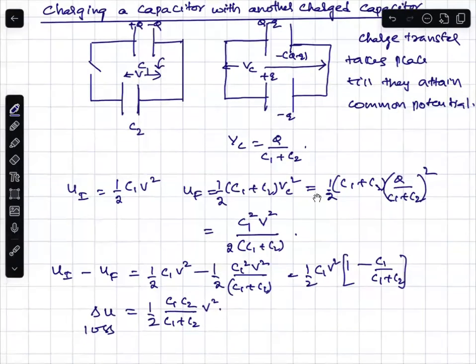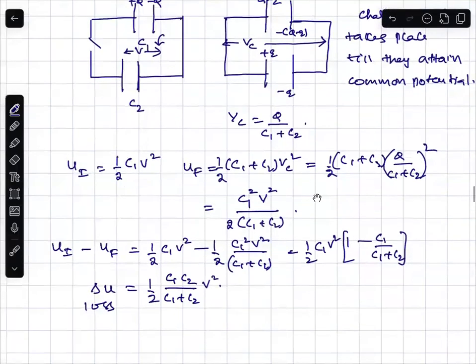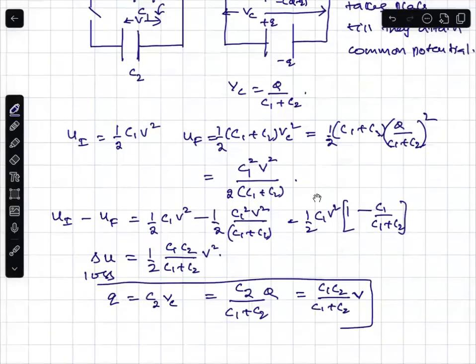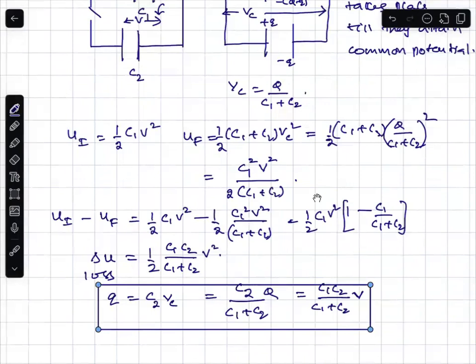In this also, you will face a loss. What about the charge transferred? Charge transferred is nothing but C2 V common. So therefore, this is nothing but C2 by C1 plus C2 times Q, or C1 C2 by C1 plus C2 times V. This is the expression for charge transferred.